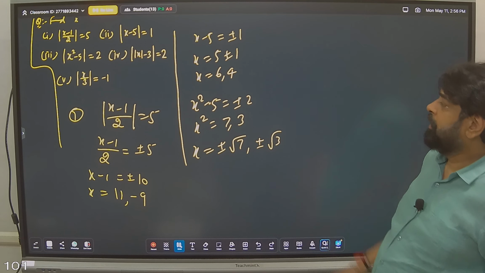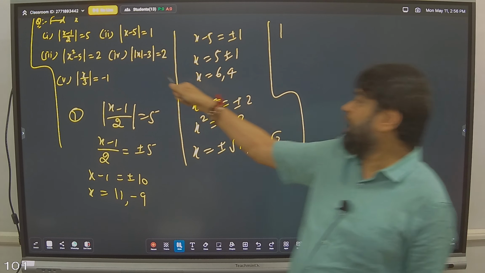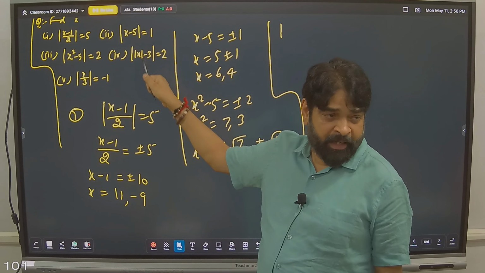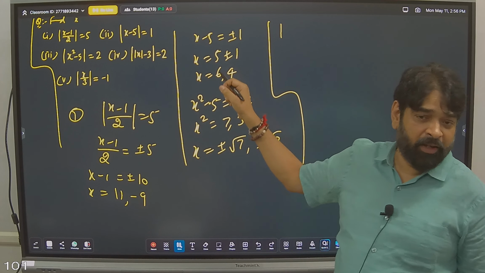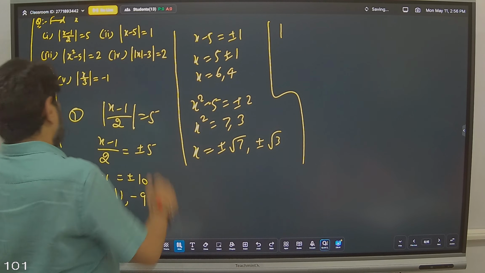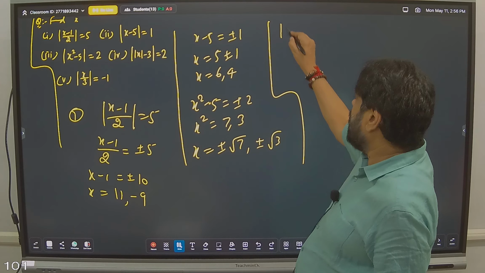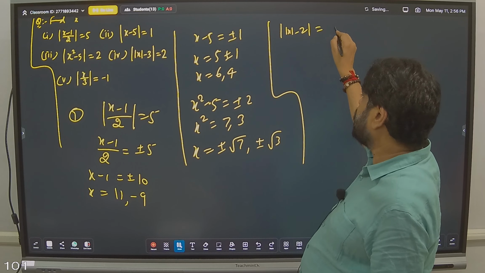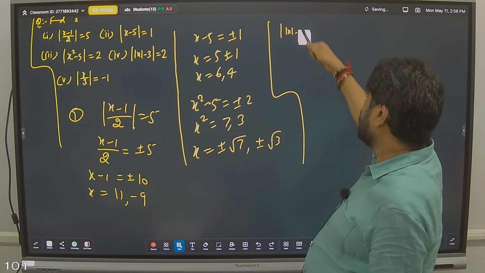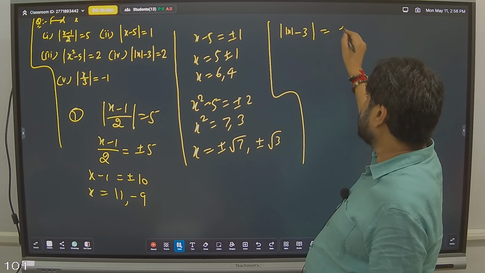Next, see, this is called the composite kind of function. Which expression is this called? Composite expression. Because this is the mod of mod. So first, the outside mod I will try to kill. So it's saying mod of mod x minus 3 equals 2.